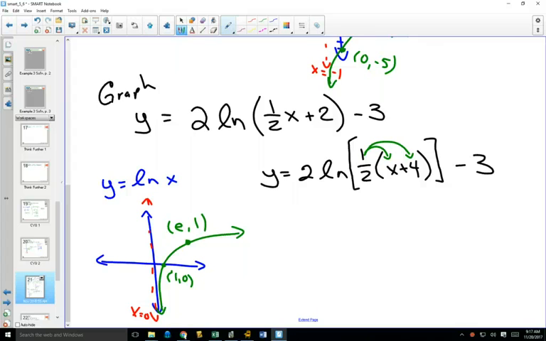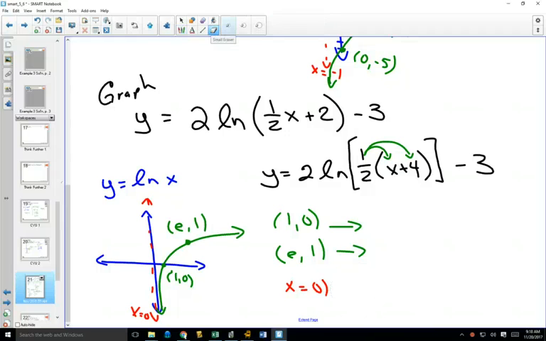So now that we have that, I'm going to take my points, 1, 0, e, 1, and my asymptote at x equals 0. I'm going to do all of my stretches and compressions first. So the 2 outside means you're going to multiply y by 2. The 1/2 inside says you're going to multiply your x by 2.